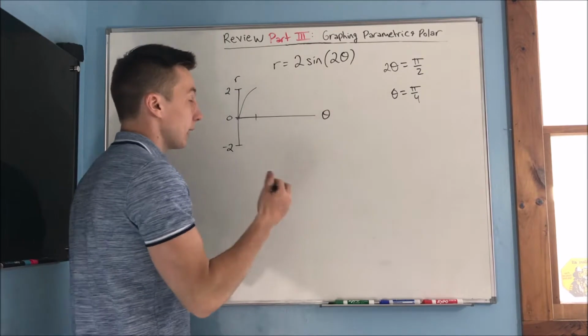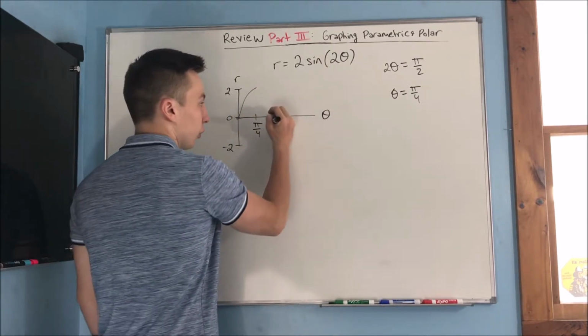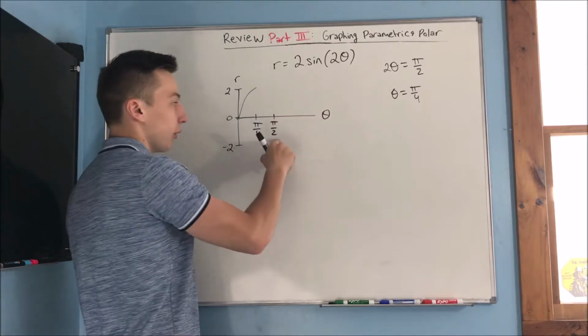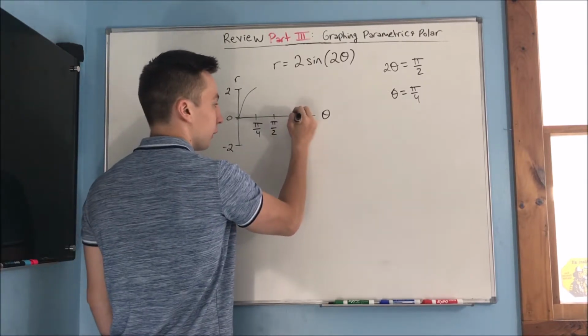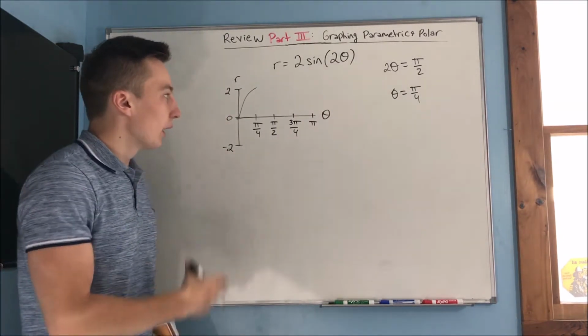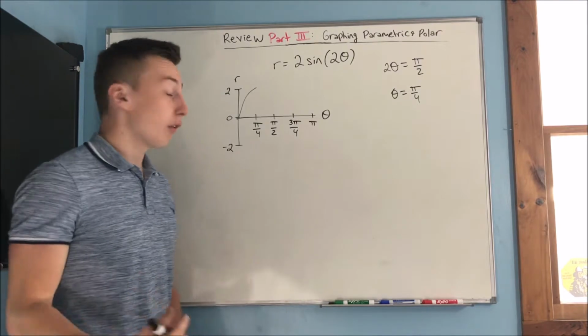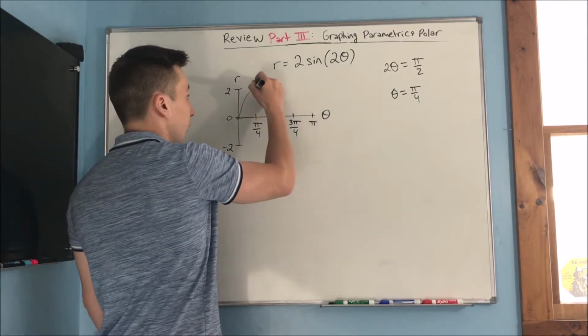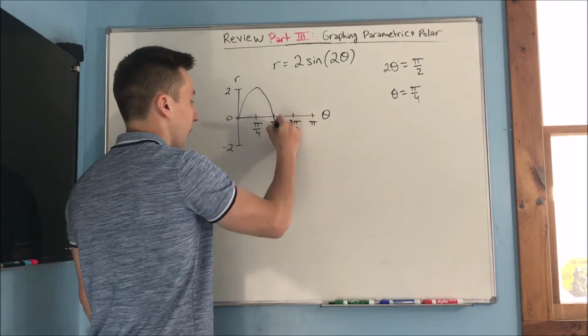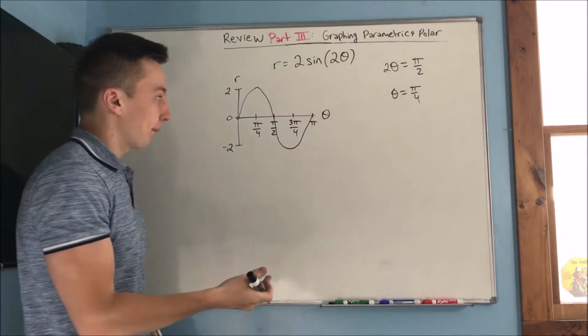So our next little piece here is going to be pi over 4. You keep going: pi over 2, 3 pi over 4, and pi, and so on. You can go to 2 pi if you want, but you don't have to, because you can already understand what's going on with this graph. You're going to get something that looks like that.